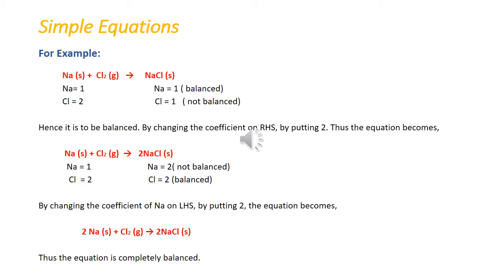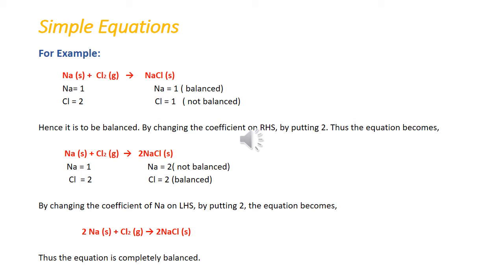Na on the reactant side has 1 atom and Na on the product side is also 1. So they are balanced. Next, chlorine on the reactant side is 2 atoms and on the product side, that is on the right hand side, is 1 atom, which is not balanced. So we need to balance this equation.